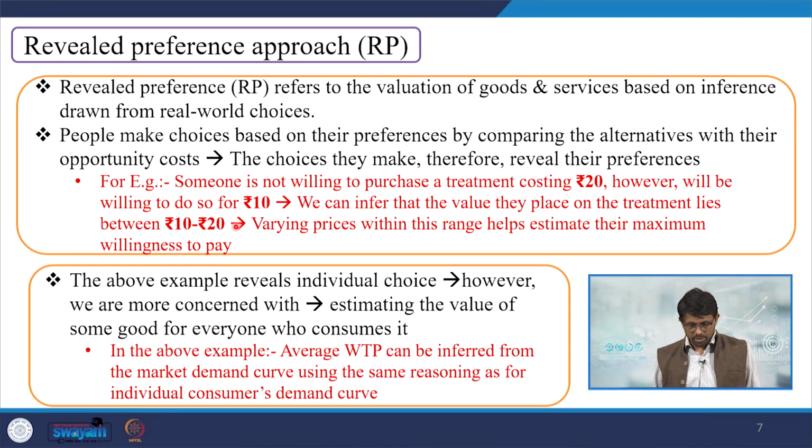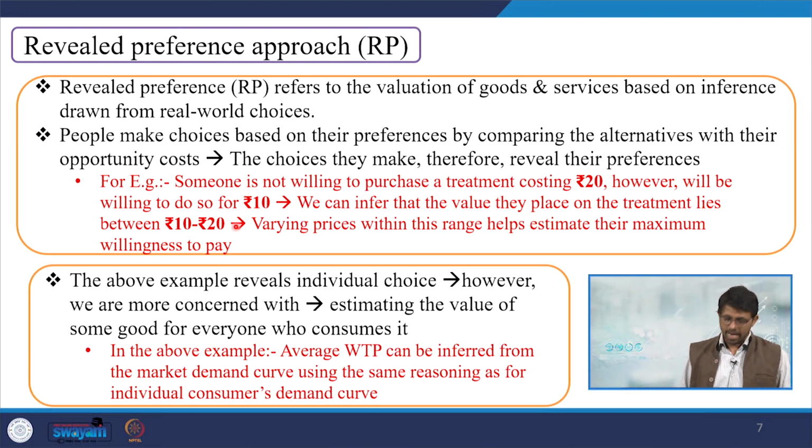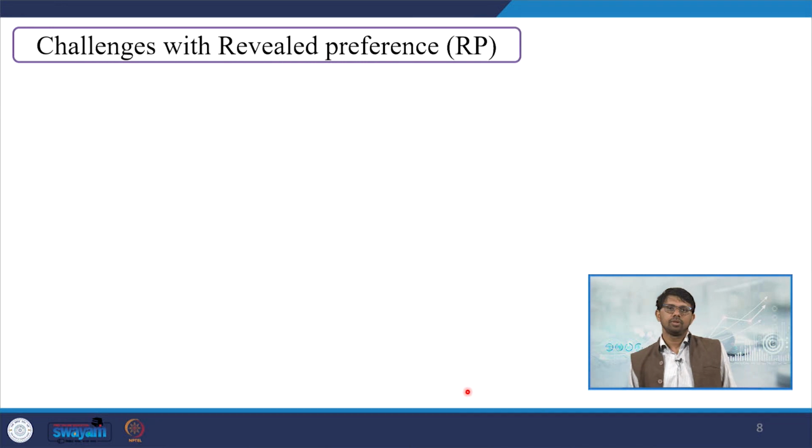The above example reveals individual choice. However, we are more concerned with estimating the value of some good for everyone who consumes it. In this example, the average willingness to pay can be inferred from the market demand curve using the same reasoning as for an individual consumer's demand curve.